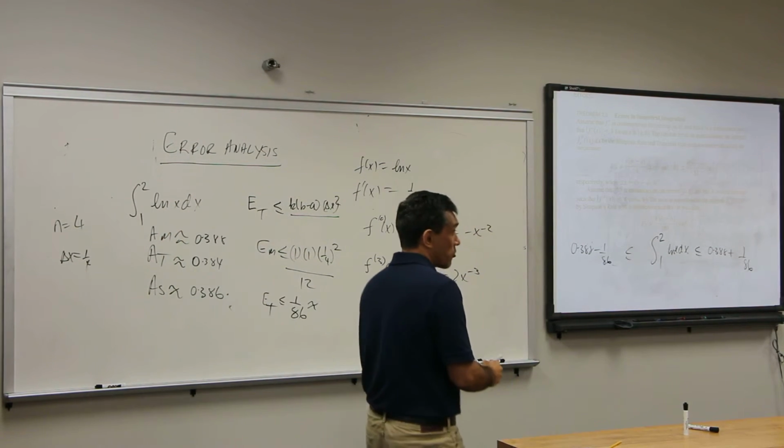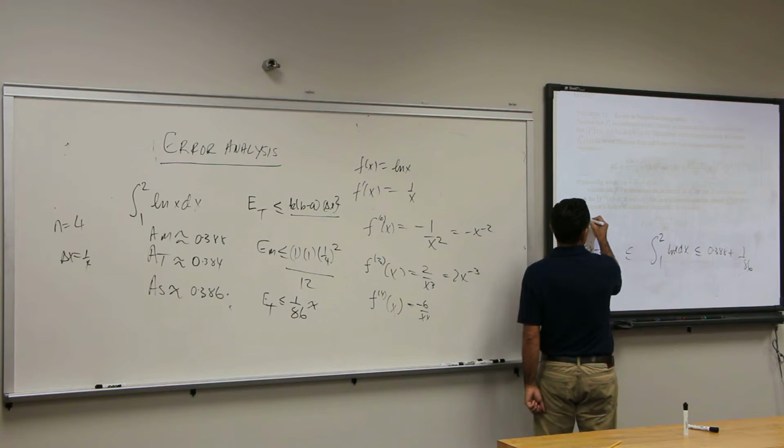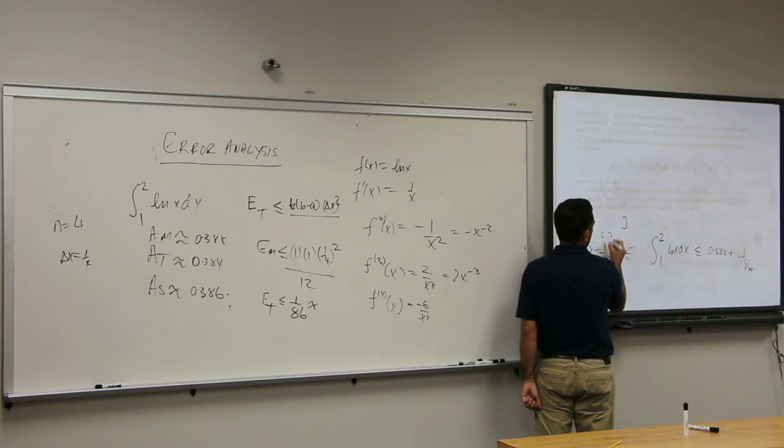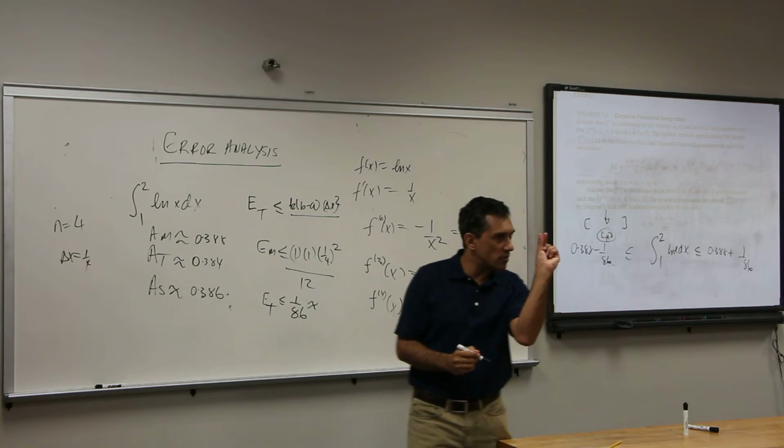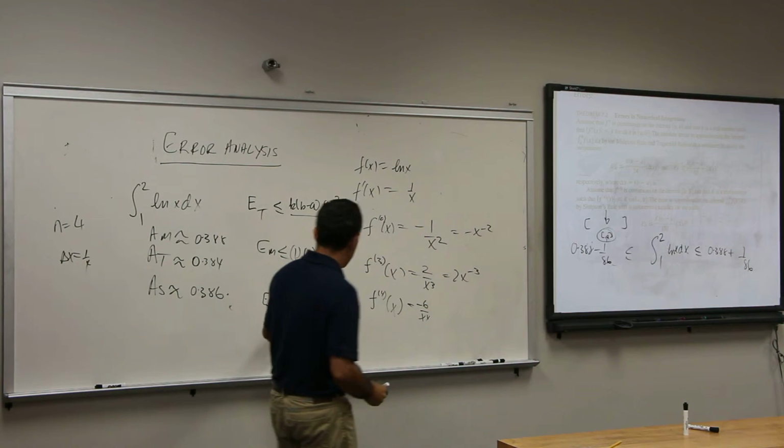You want your interval to be narrow. If you say the exact answer is here, or if you say the exact answer is here, the narrower one is more accurate. So you want this number to be very, very small.